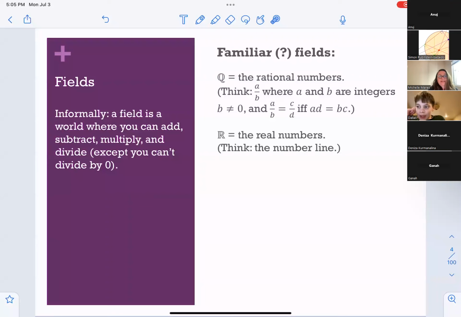Yeah, Anuj raised a hand. I thought a field has the associative property, right? Yeah, I'm being very vague here. I'm not giving you the full axiomatic definition. That's exactly right. So if you've seen that, that's great. But essentially this means addition, subtraction, multiplication, and division work the way that you're used to, right?